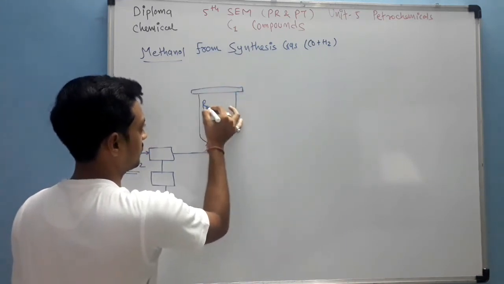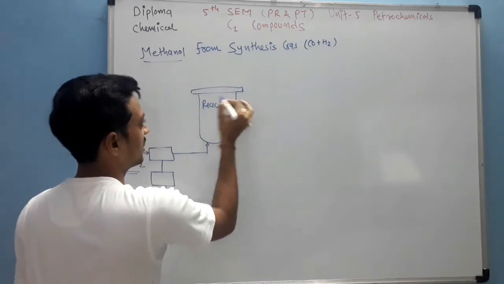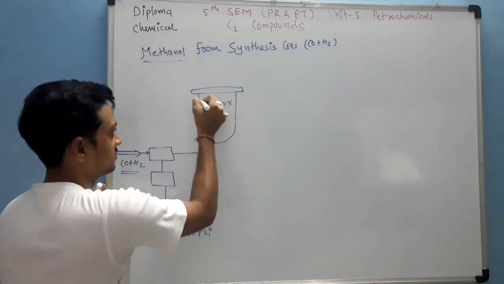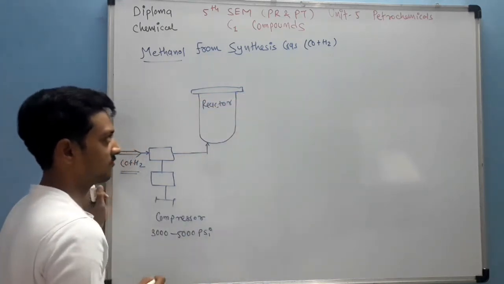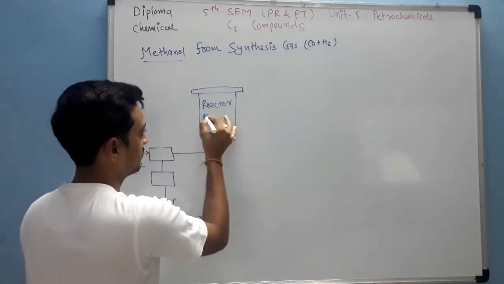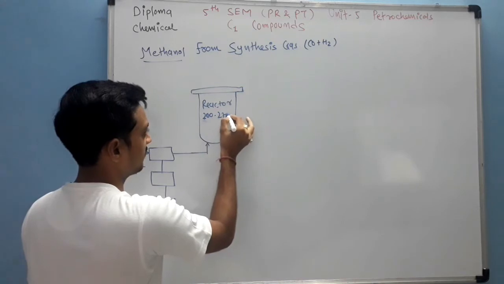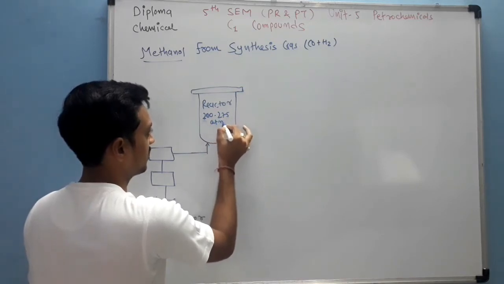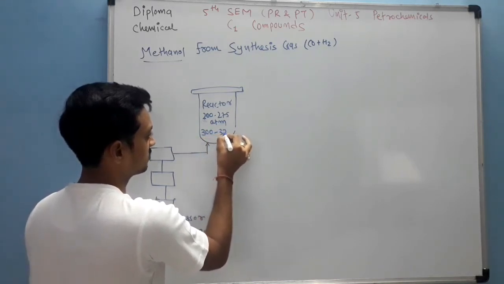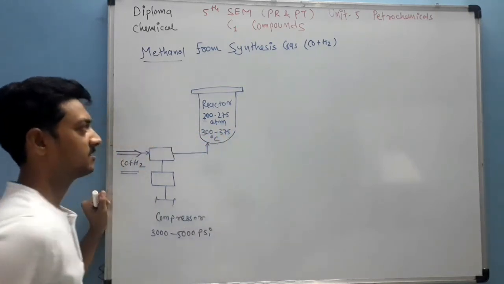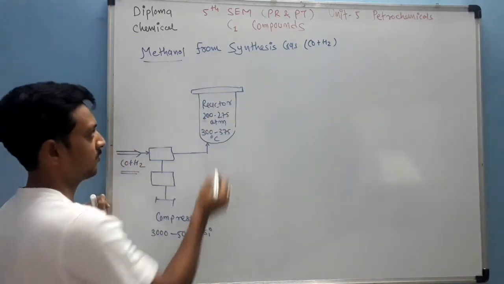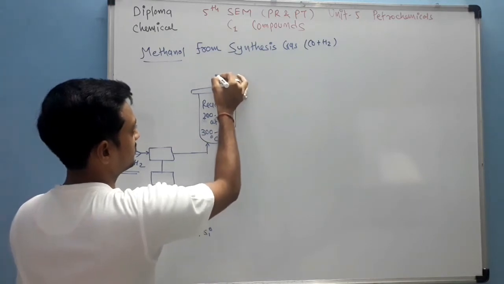This is the reactor, with a lined steel surface. The pressure is 200 to 275 atm and the temperature is 300 to 375 degree Celsius. Okay, it is a copper lined surface. From the top steam is there.